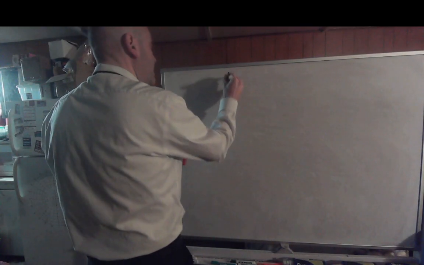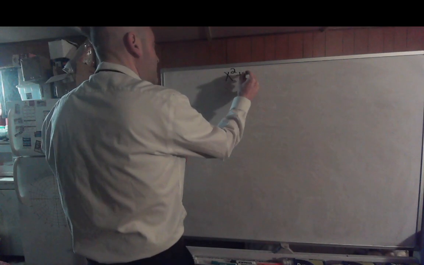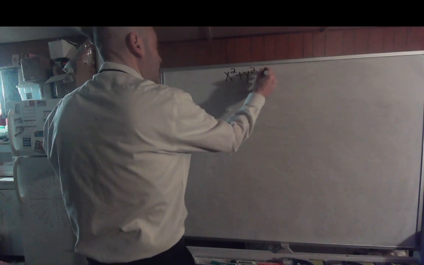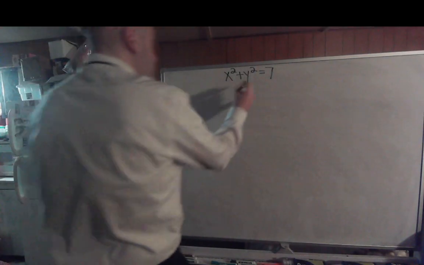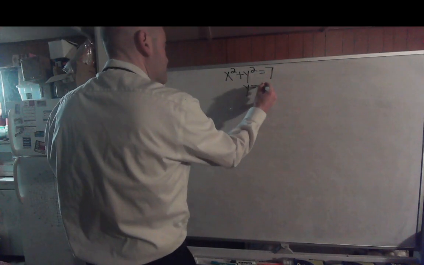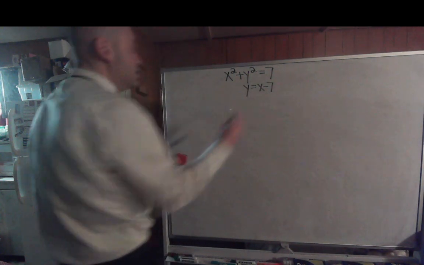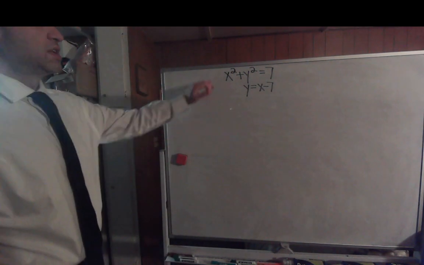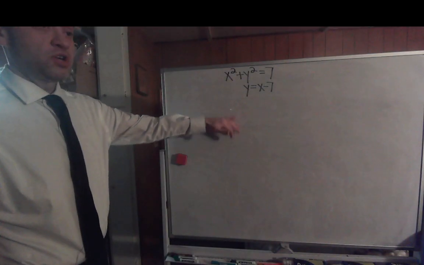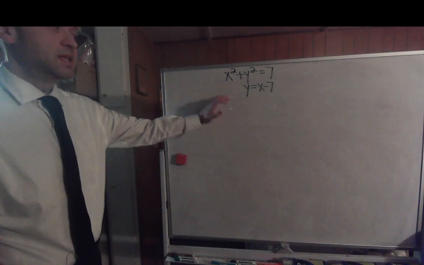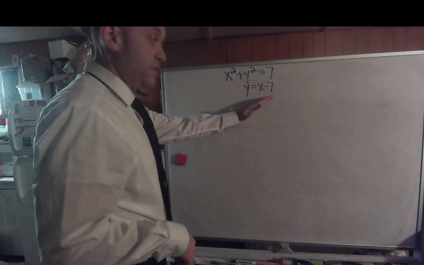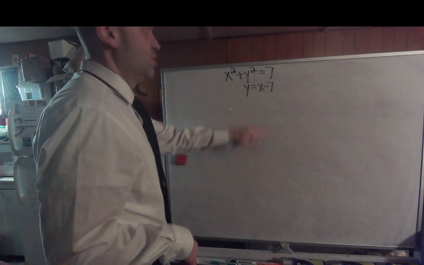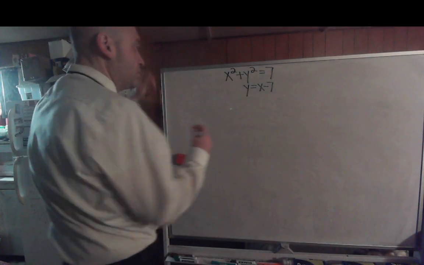Alright, so we have x squared plus y squared equals 7. Then we're given that y equals x minus 7. So here, this is clearly a circle and a line. We're going to try to figure out where a circle and a line intersect. So this is definitely going to be solved by substitution. You'll put the x minus 7 in for y.